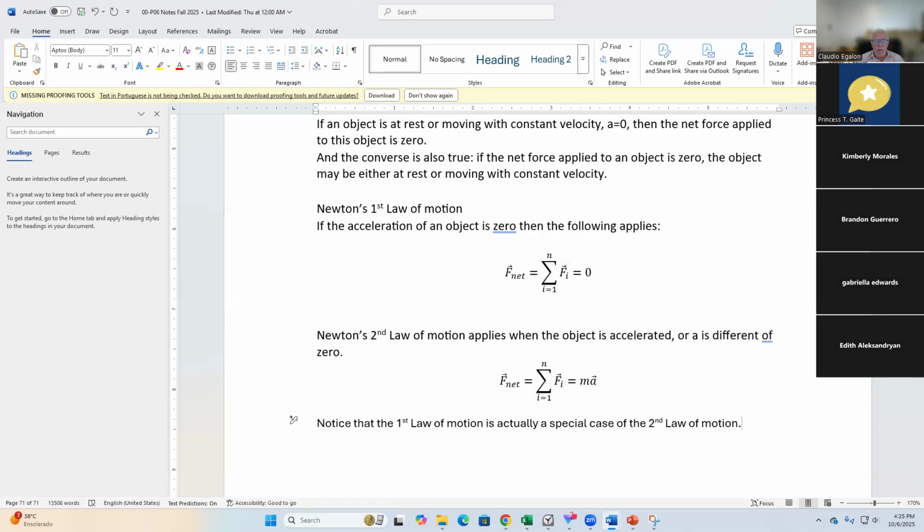For this reason, it shouldn't be considered a law, but just a corollary. The first law is not a law per se, but just a corollary, or consequence, of the second law.